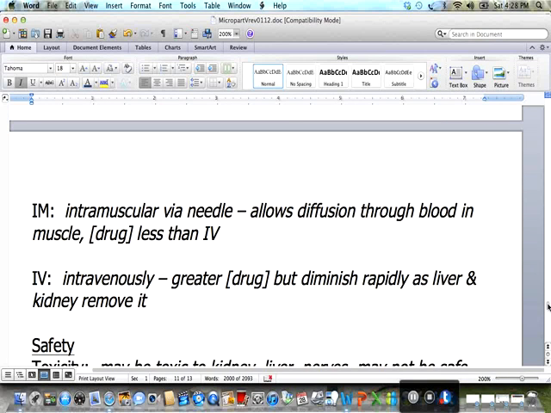IM, or intramuscular, is given through a needle and diffuses through the blood in the muscle. The concentrations are lower than through IV, or intravenous, administration. IV can achieve greater concentrations, but they also diminish rapidly as the liver and kidney are going to remove the drug.